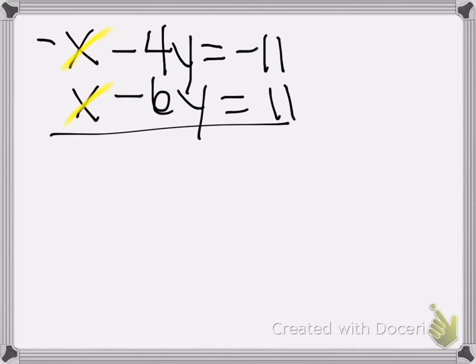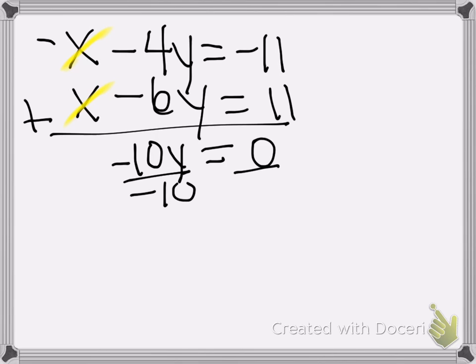So that's what I'm going to look for. I'm just going to add these together. It's already set up. These go away. Negative 4 and negative 6, add those, that's negative 10y equals negative 11 plus 11 is 0. Then I divide both sides by negative 10, and don't be scared of this because y can equal 0. There's your y value.